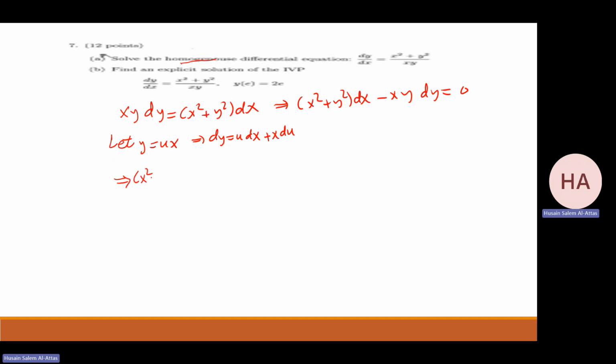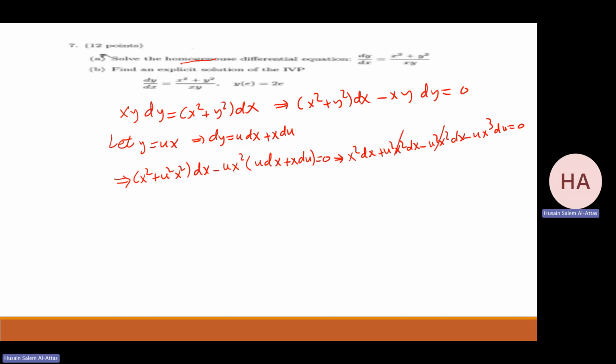We have x squared plus u squared x squared dx minus u x times (u dx plus x du) equals 0. So I have x squared dx plus u squared x squared dx minus u squared x squared dx minus u x cubed du. That will be 0.